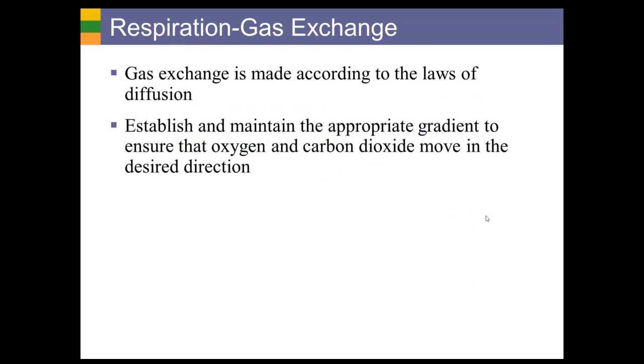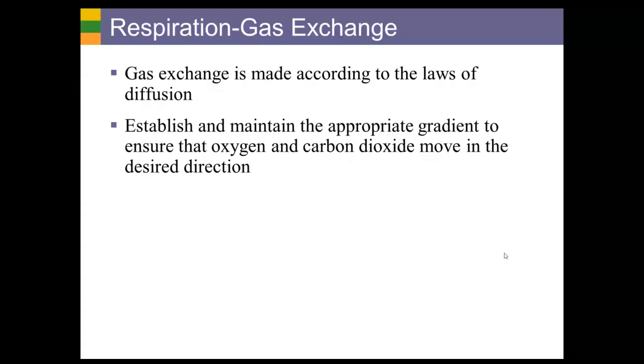Okay, so gas exchange is governed by the laws of diffusion. As I mentioned earlier, the larger the gradient, the greater the gas exchange you have. So what breathing does is maintain the appropriate gradient across the respiratory membrane, ensuring that sufficient oxygen diffuses into the blood and sufficient carbon dioxide diffuses out of the blood.